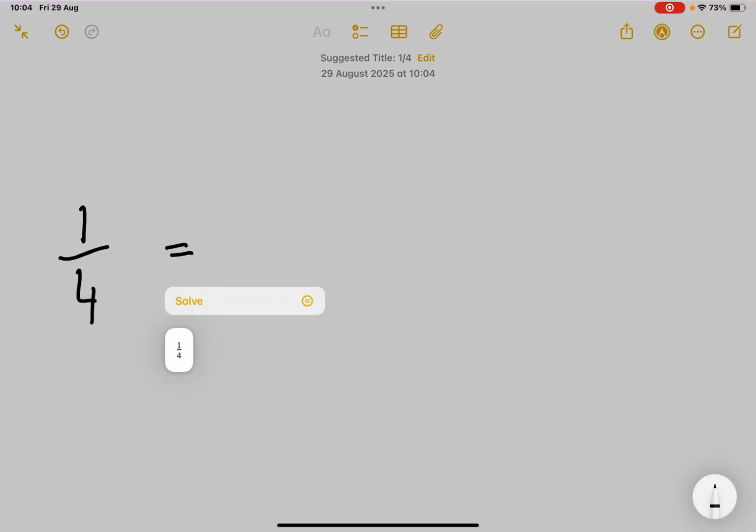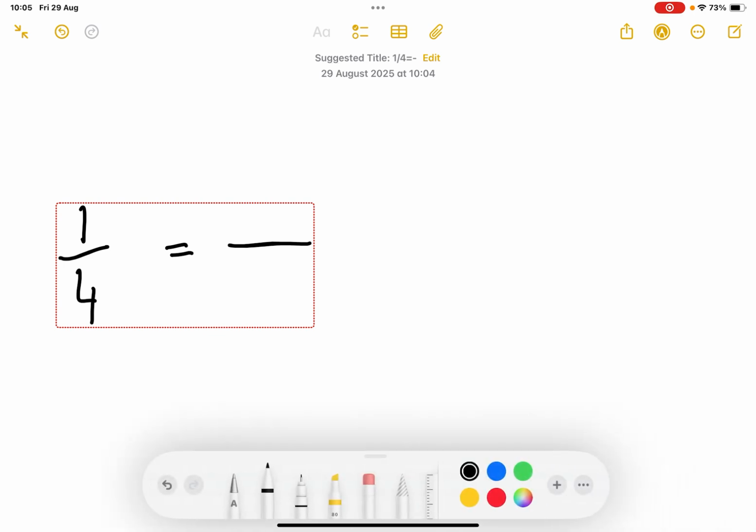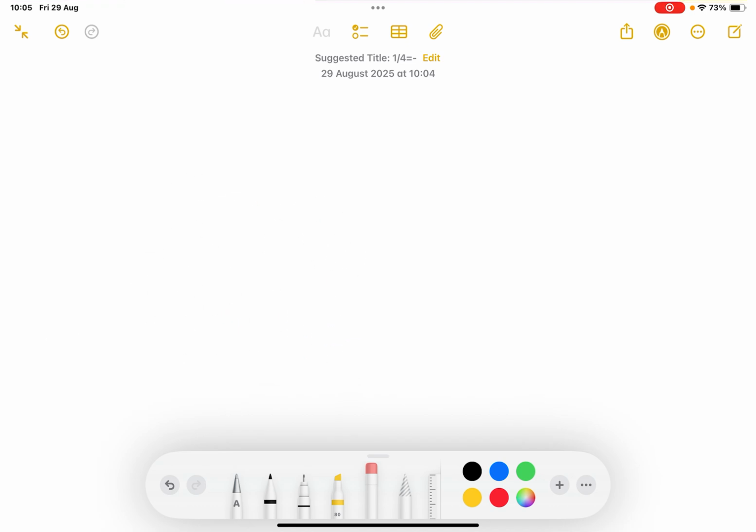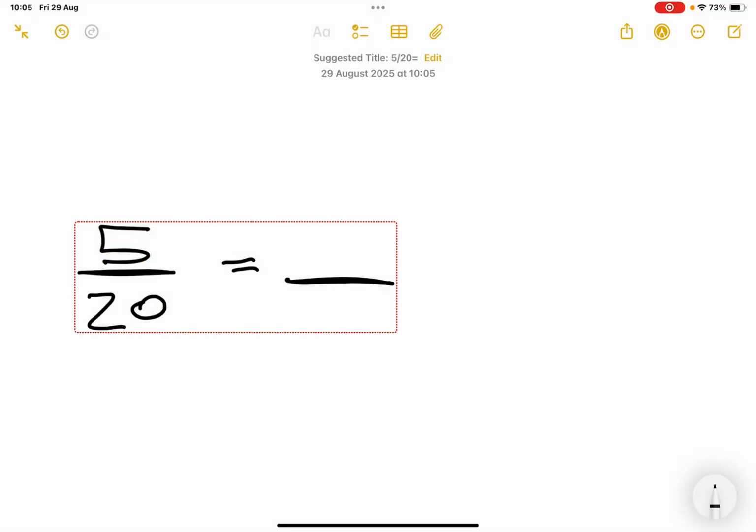Okay, so here we have 5 over 20 is equal to 1 over what?